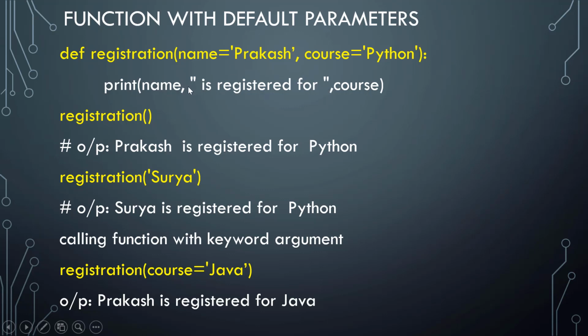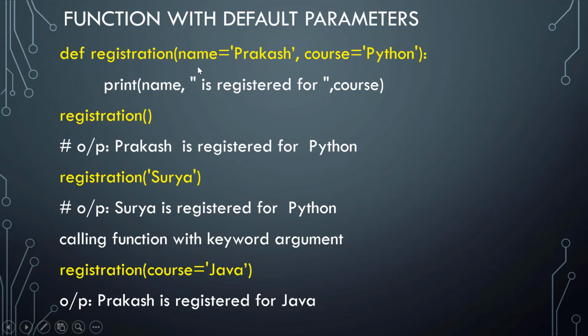So, Prakash is registered for Python course. That is the output when you call this registration function. Though you're not passing any parameter, this observation is important. I just called the registration function without passing any values to name and course. Since these are default parameters, they have default values, Prakash and Python.